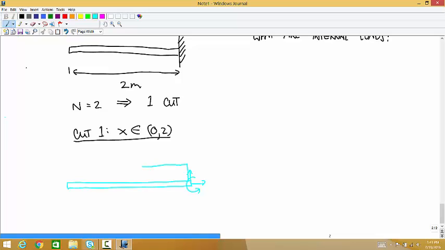And there's a distributed load representing the weight that we don't care about. And then the black is the part that we're isolating. So there's the internal loads, and then this distributed load representing the weight.